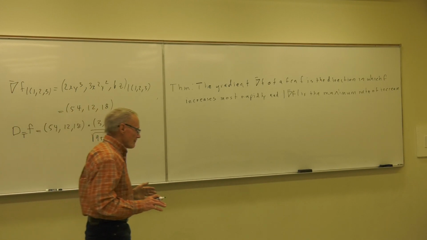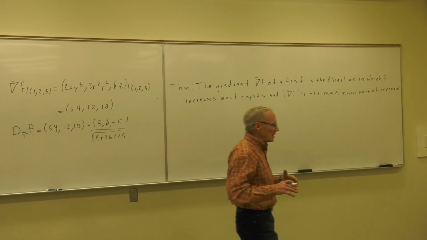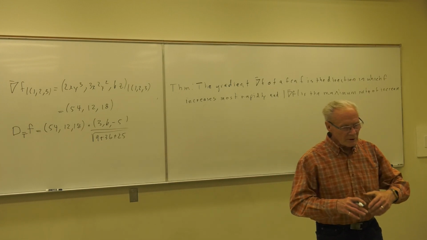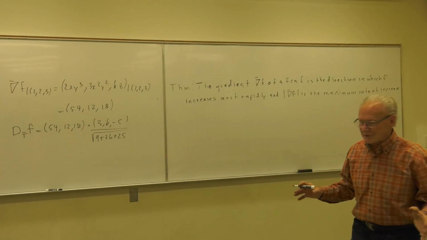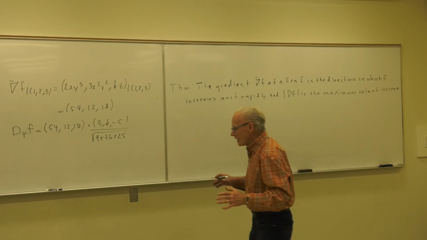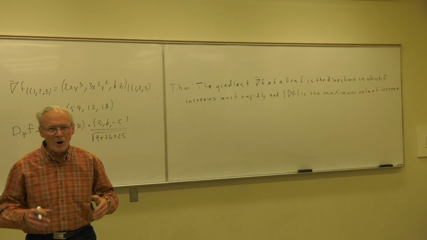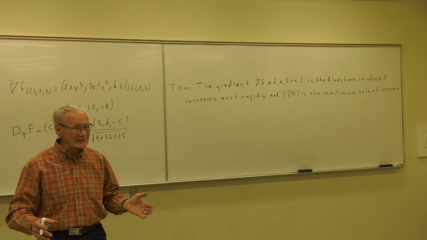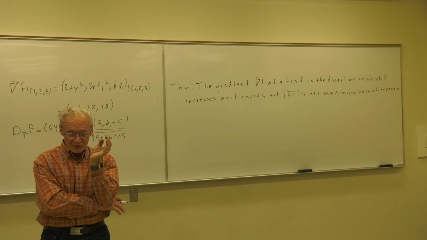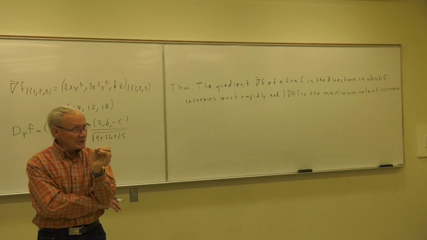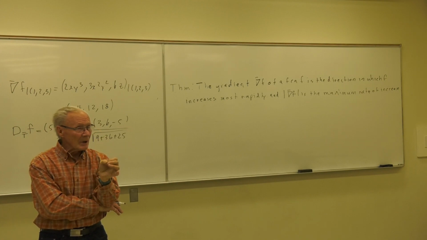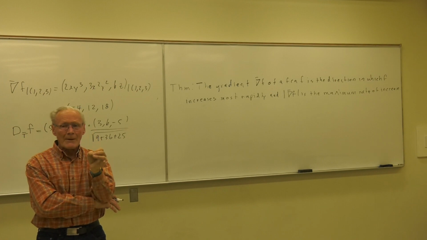For instance, you want to talk about heat flow. Now, you're going to be involved in things called partial differential equations. But all heat flow is based upon Newton's law of heat flow. And what it says is, heat flows in the direction in which temperature decreases most rapidly.